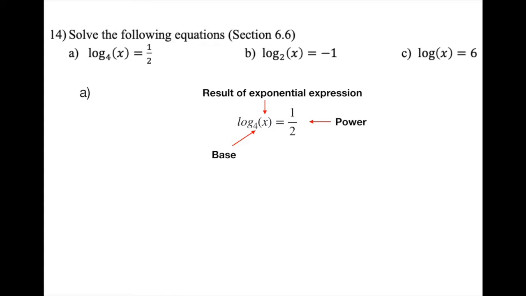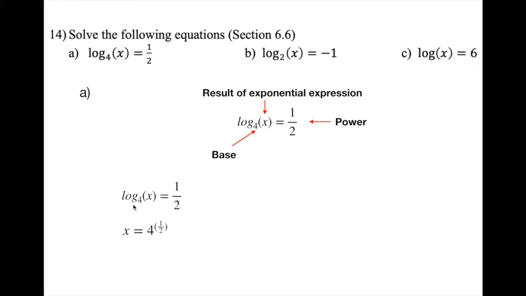So if you know that, you can rewrite this as an exponential equation. So x is the result, 4 is the base, half is the power. So you can rewrite the logarithm equation as this one here.